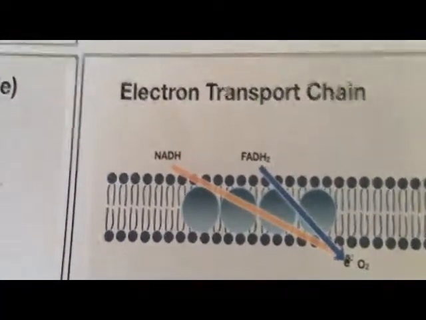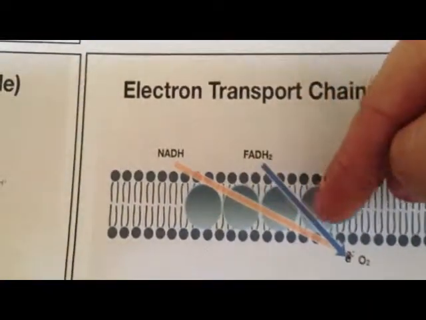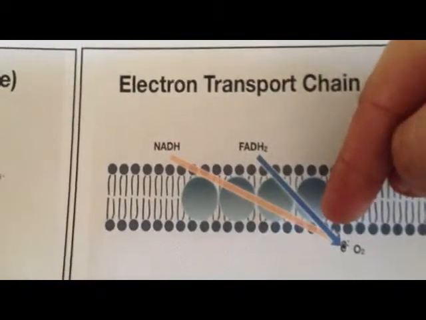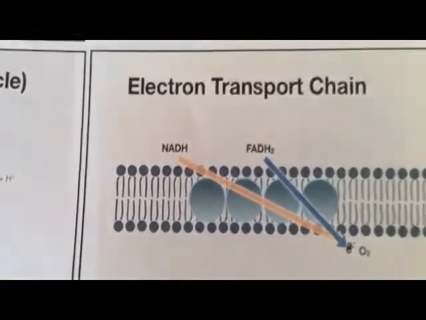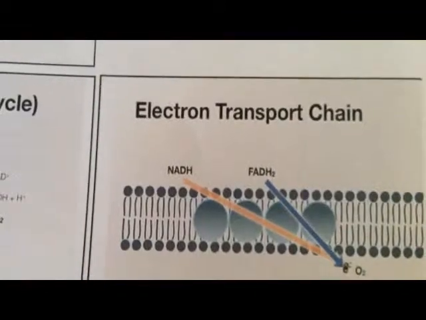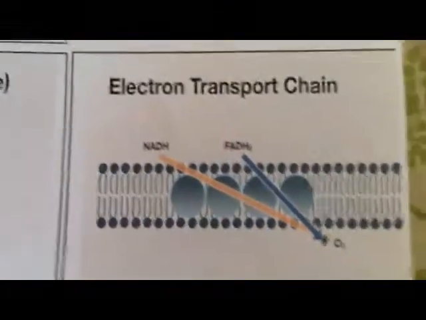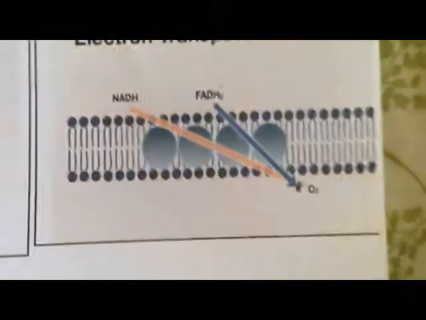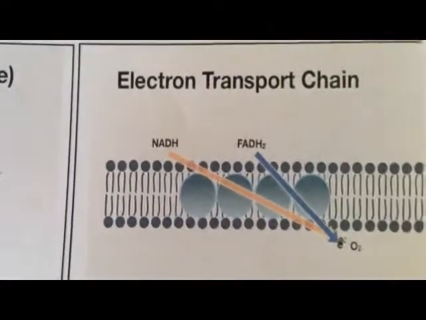They go down the chain to the final electron acceptor, which is oxygen. The oxygen then bonds to hydrogen to form H2O, or water.